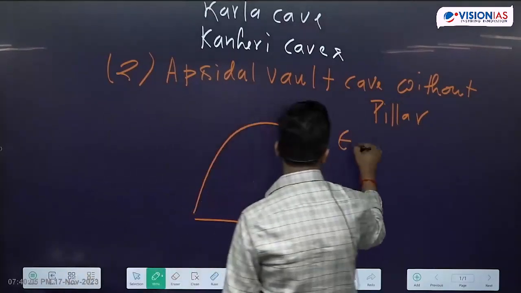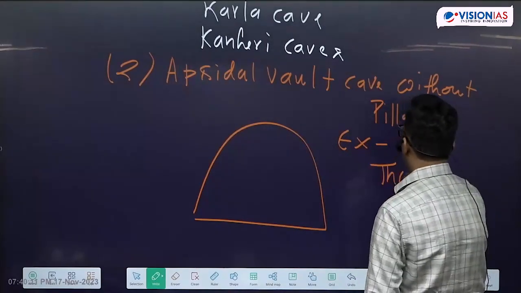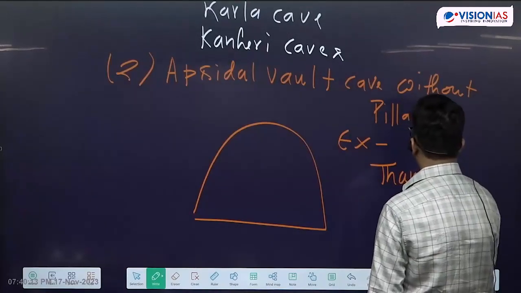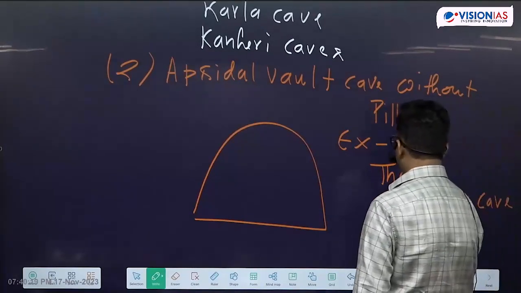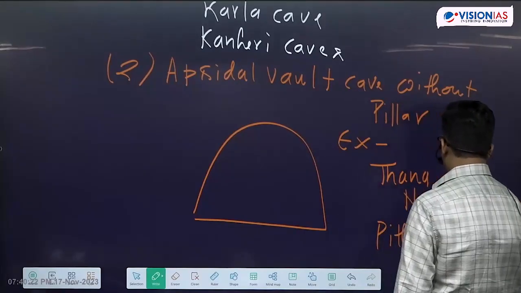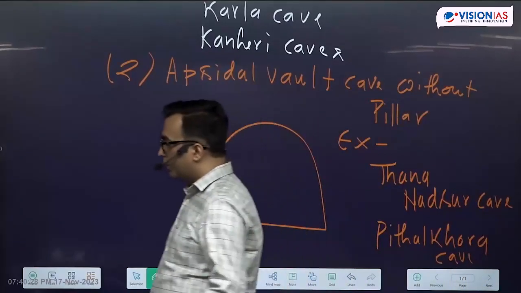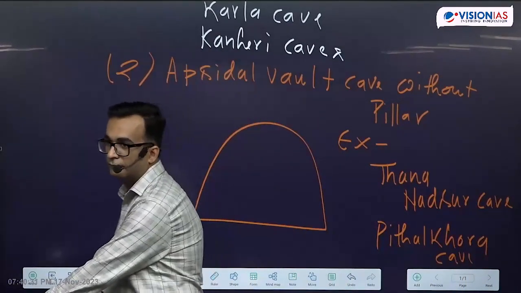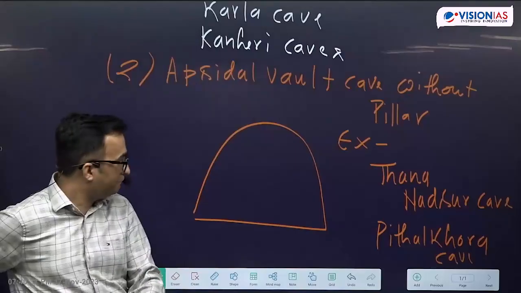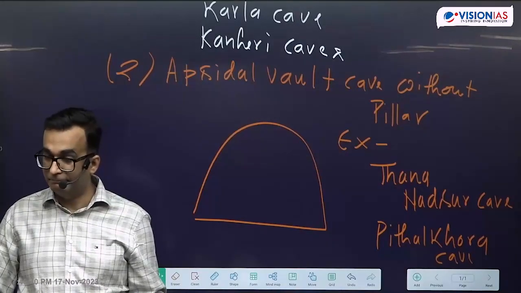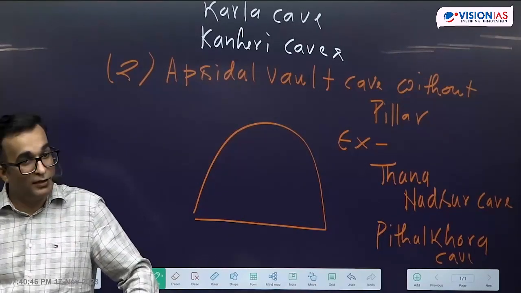And for examples you write Thana Nadsur cave, and one more, Pithalkhora cave. Once again, both of them are in Maharashtra only.